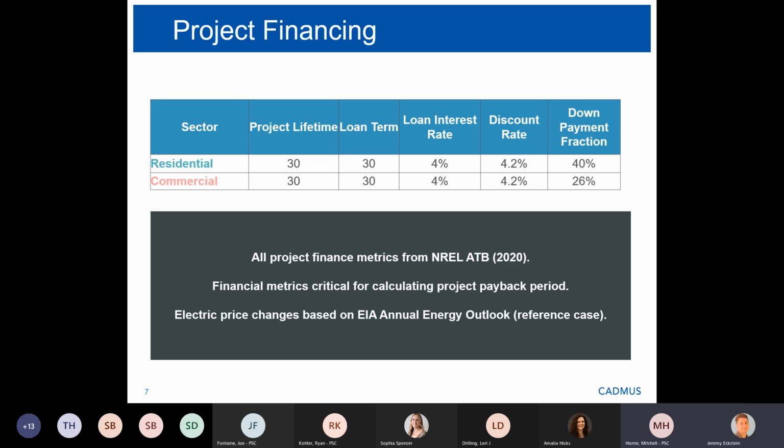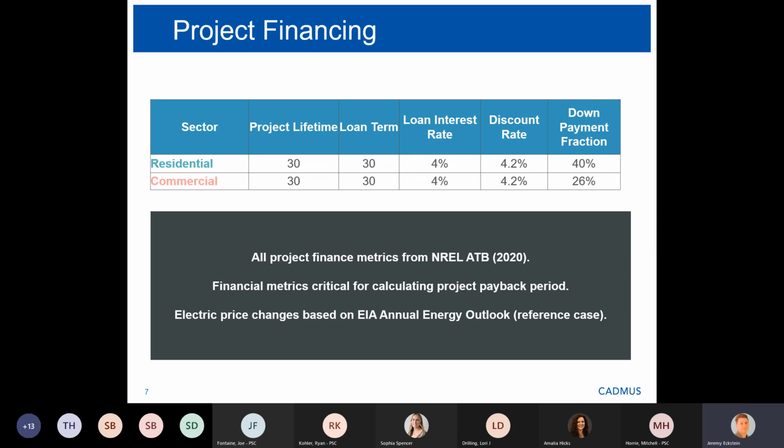Absolutely. We're looking for feedback on these assumptions. For some of the model inputs, we obviously readily had access to better information, like with the focus on energy research, program research that we did. For some of these other ones, we're relying on the NREL data.